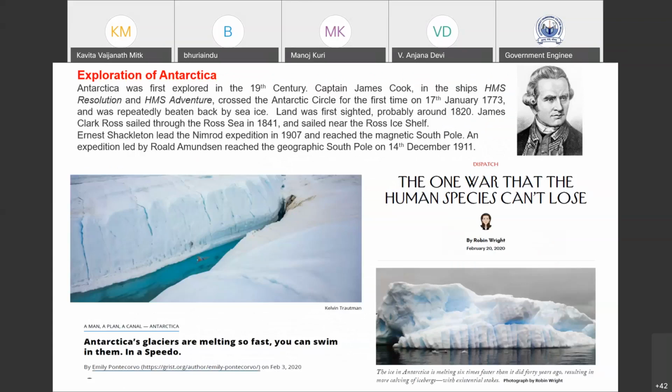So you can see how, from the 1770s, we are studying the Antarctic regions, and we are exploring and monitoring those regions. The importance is because these Antarctic glaciers, the Antarctic calving, all these things are responsible for climate change, and that's why we go for studying those regions.